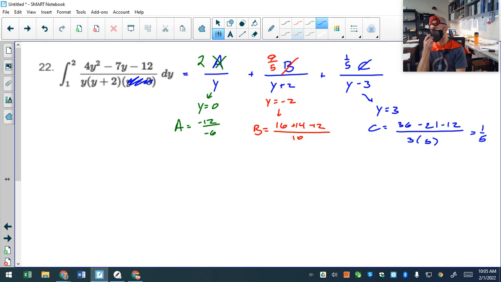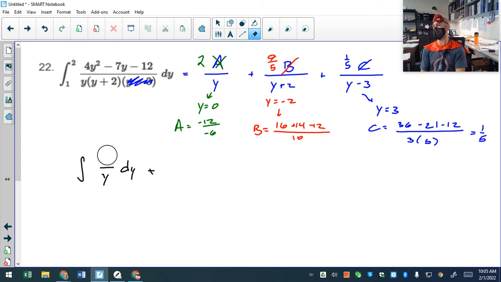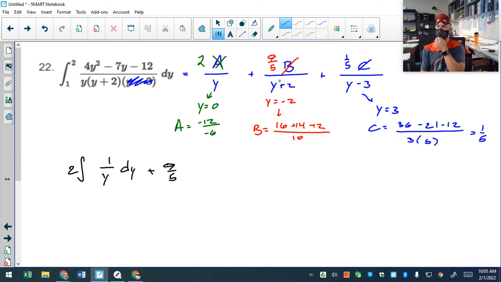Okay. So then we have to do the antiderivatives of those. And this again, if you need to write it in 3 separate antiderivatives, it's 2 over y plus 9/5 over y plus 2. And I think what I may do is go ahead and pull those constants out. Is that okay? Because I can tell that my bottom derivative is a 1, and I would like to see that 1 in the numerator.